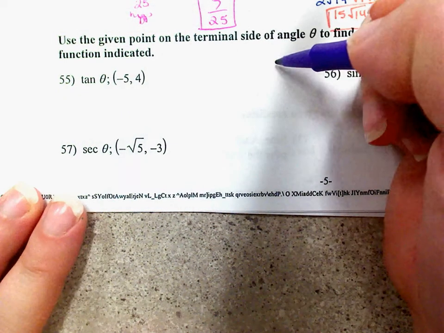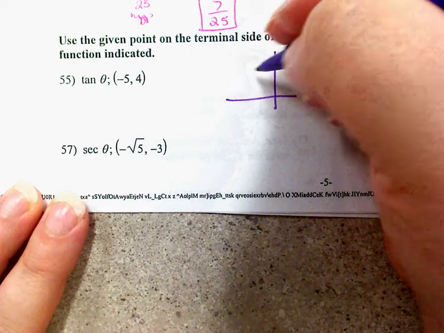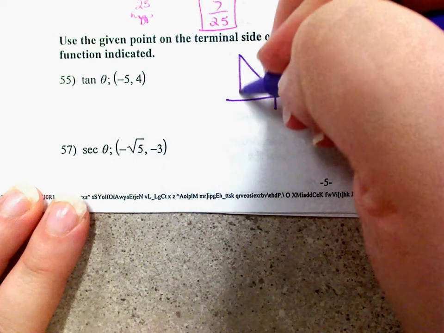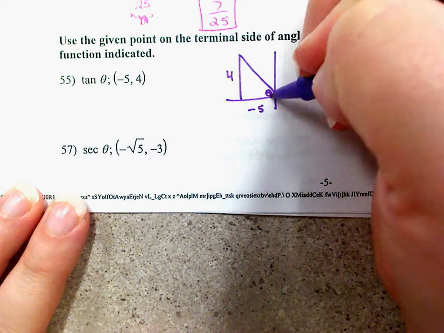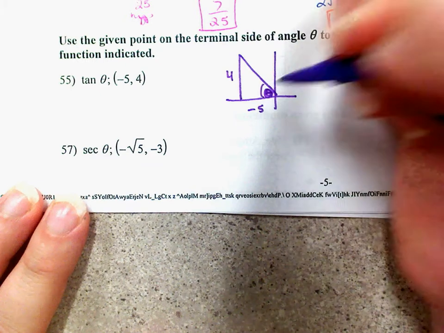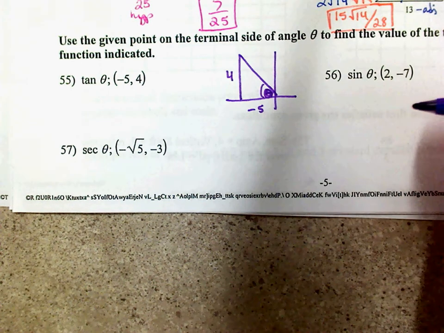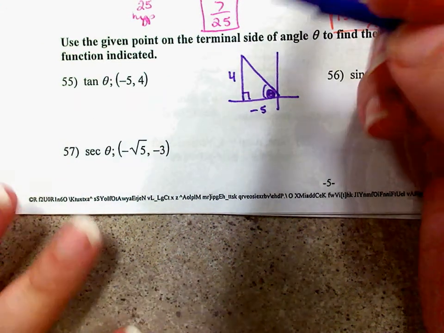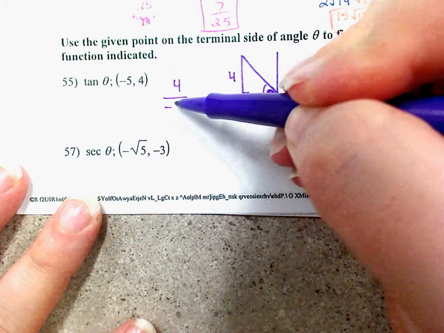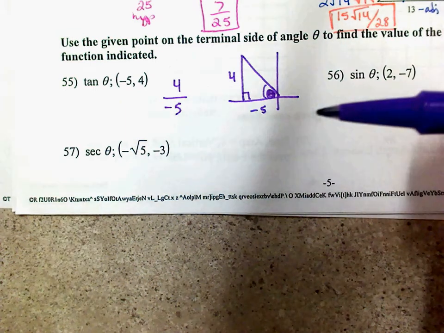So we're going to the left 5 and up 4, and there's theta. Do I have enough to find tangent? Tangent is what over what? Opposite over adjacent, so opposite over adjacent. Do I want you to leave the negative in the denominator? Negative 4/5.